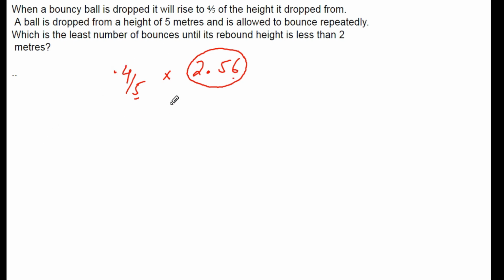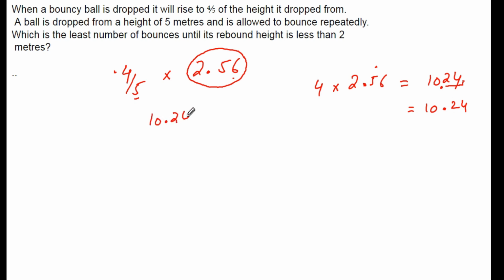So we need to simplify as it is. That means 4 times 2.56, and 4 times 256 is equal to 1024. The decimal will be placed from right to left here. So 10.24 is your answer.